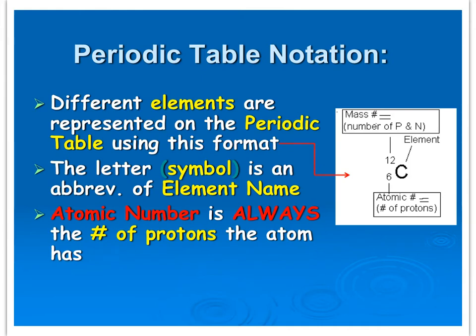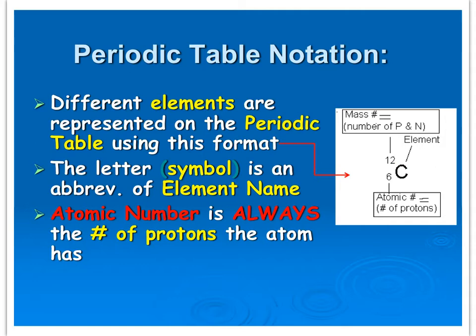You may have seen before, you've definitely seen a periodic table before. But elements are shown on the periodic table using some variation of this format. You always have the symbol, so in this case it's carbon, usually an abbreviation of the element name.